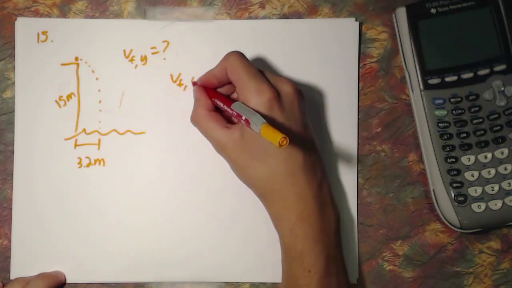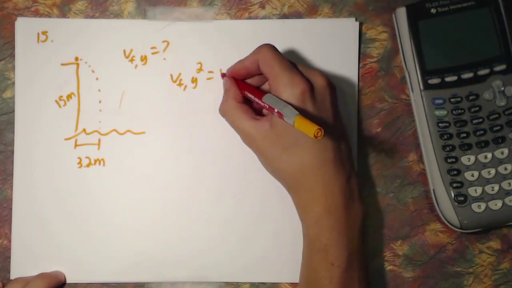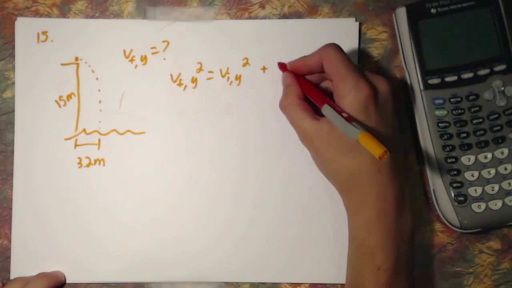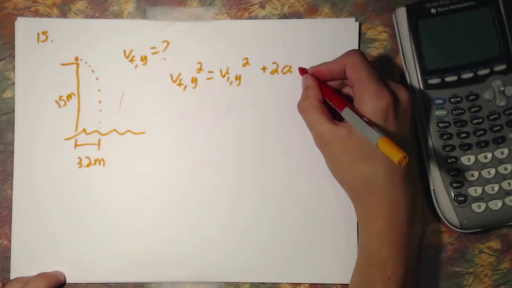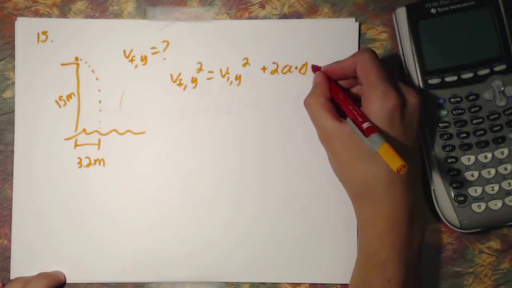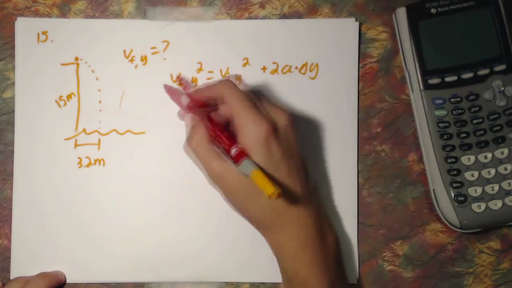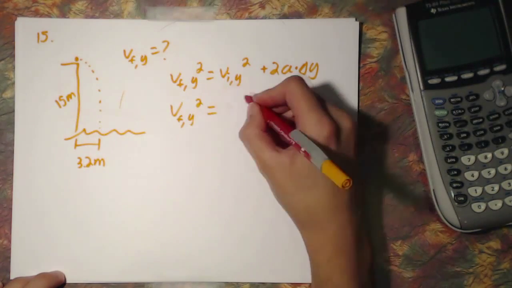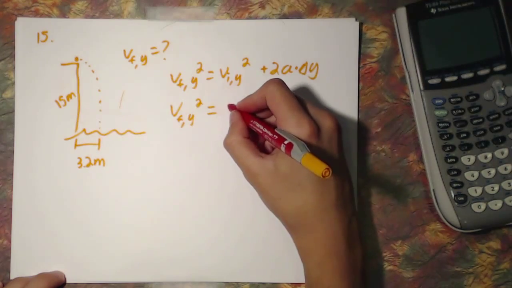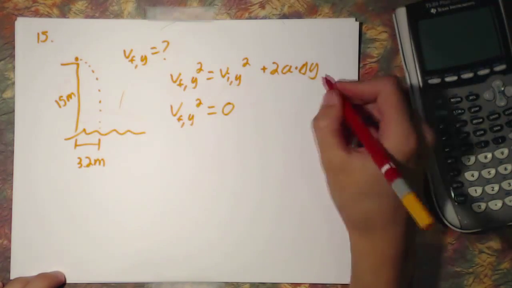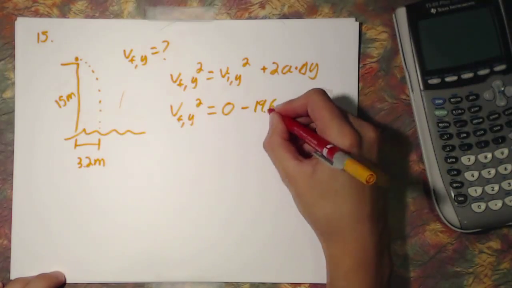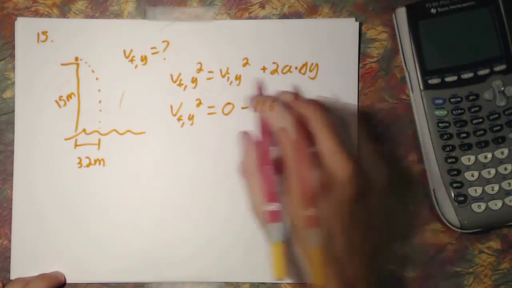So we're doing v final of y squared equals v initial of y squared plus twice the acceleration times delta y. This is what we're looking for. So v final y squared equals, there's no v initial in the vertical direction, twice acceleration is negative 19.6, and delta y is 15 meters.